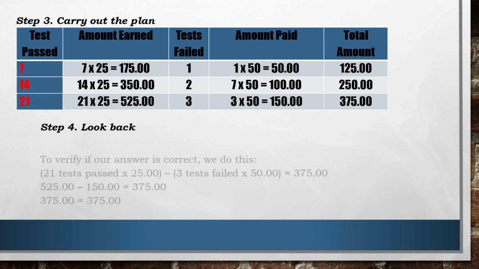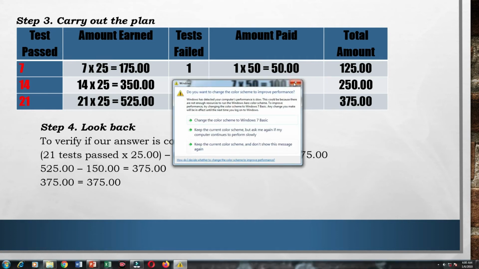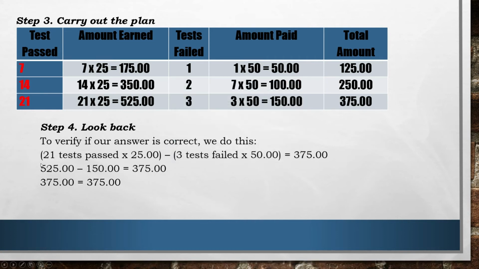So let's go then to look back. To verify if our answer is correct, we have to do this one. 21 tests passed times 25 minus 3 tests failed times 50, which is 375. 525 minus 150 is 375.